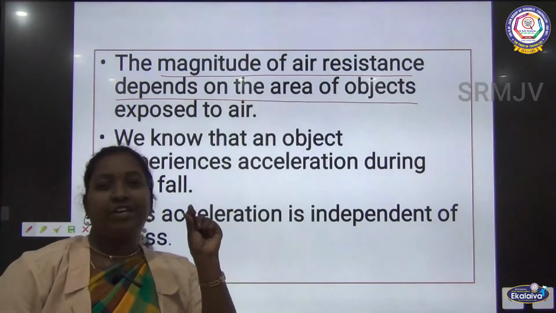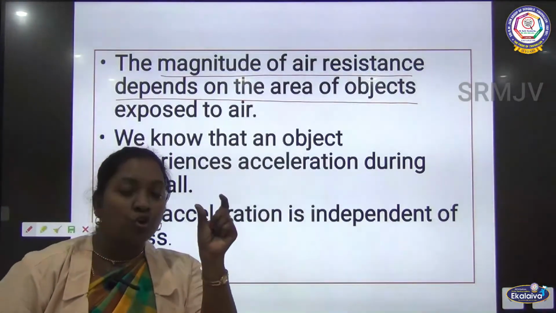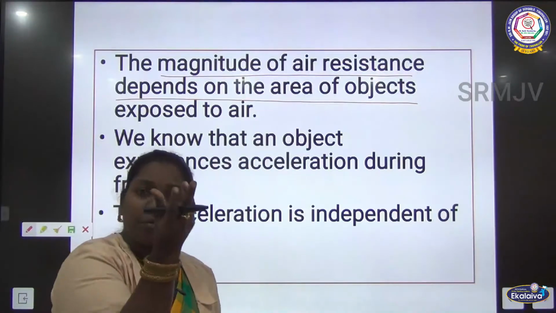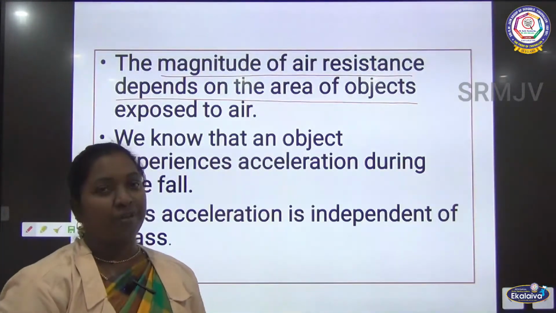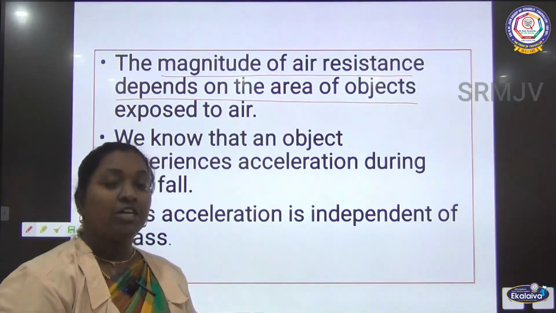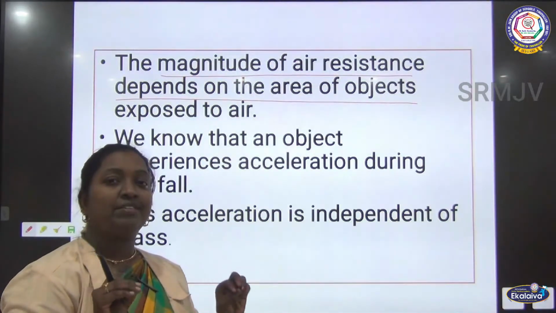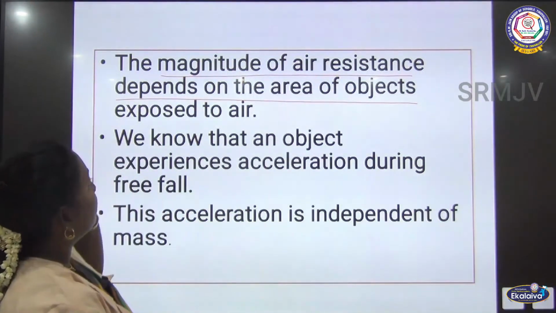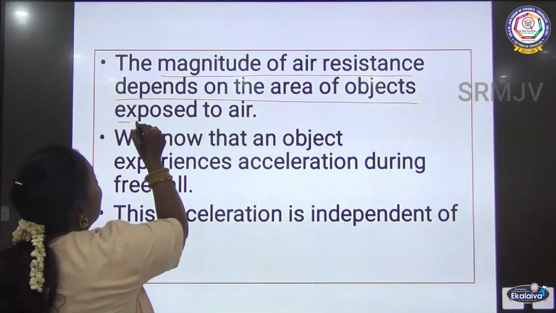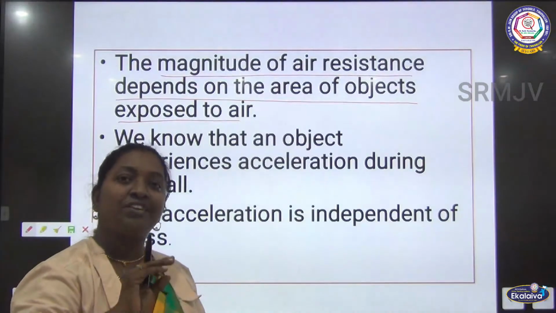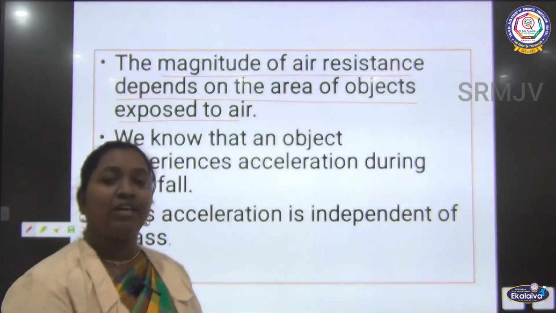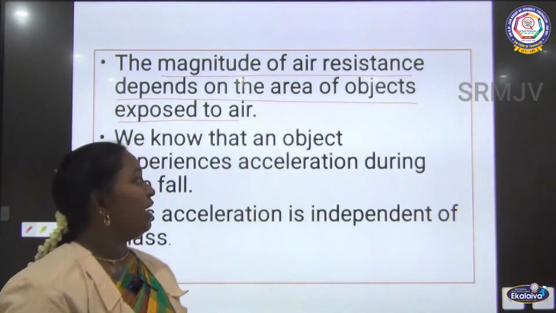Remember the area of an eraser, stone, paper or crumpled paper: which area is bigger? Obviously the plain sheet of paper's area is bigger. So air resistance depends on the area of the object. Air will be exposed over that area, so it offers some more resistance because the area is bigger.